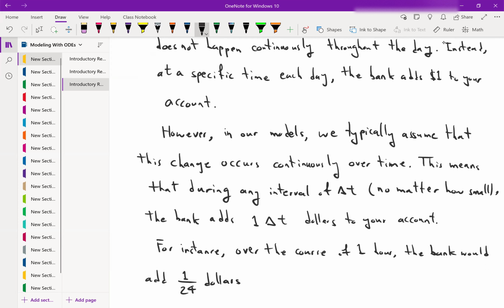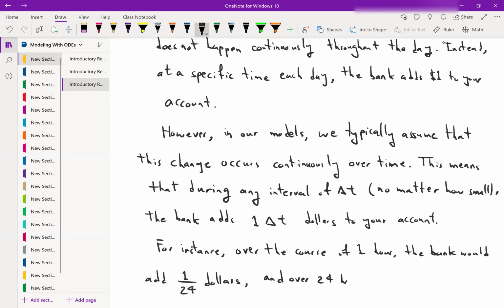Because delta t here is 1/24. One unit of time here is 1 day in this model that I'm explaining. 1 hour will be 1/24.